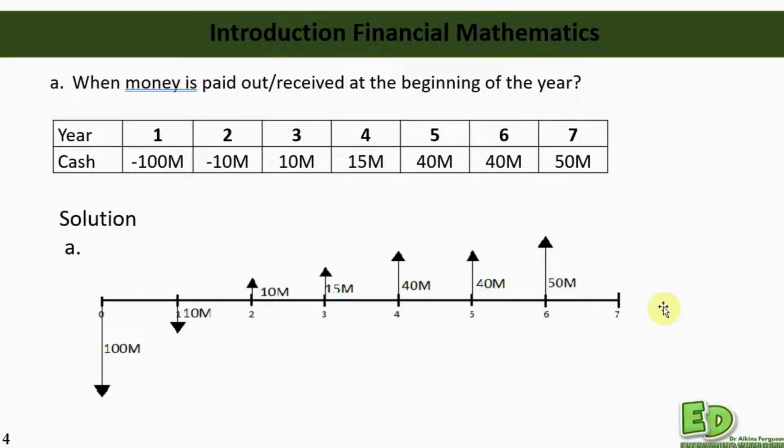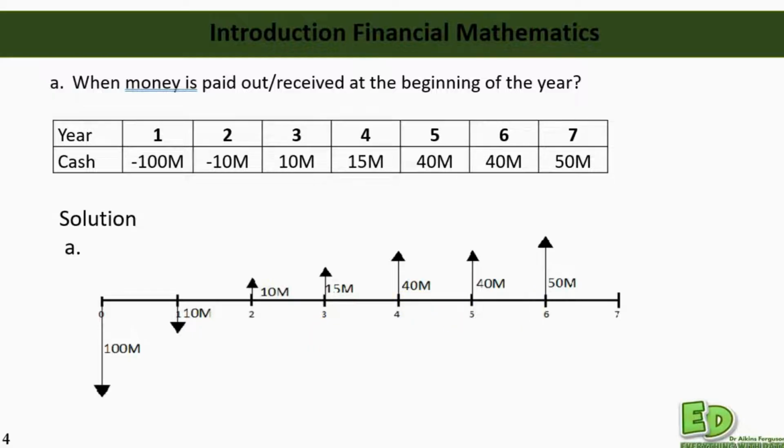You can see that at the end there's nothing on the 7th year because these cash inflows and outflows are being represented at the beginning of each of the periods. So beginning of year 1, beginning of year 2, beginning of year 3, beginning of year 4, year 5, 6, and year 7.